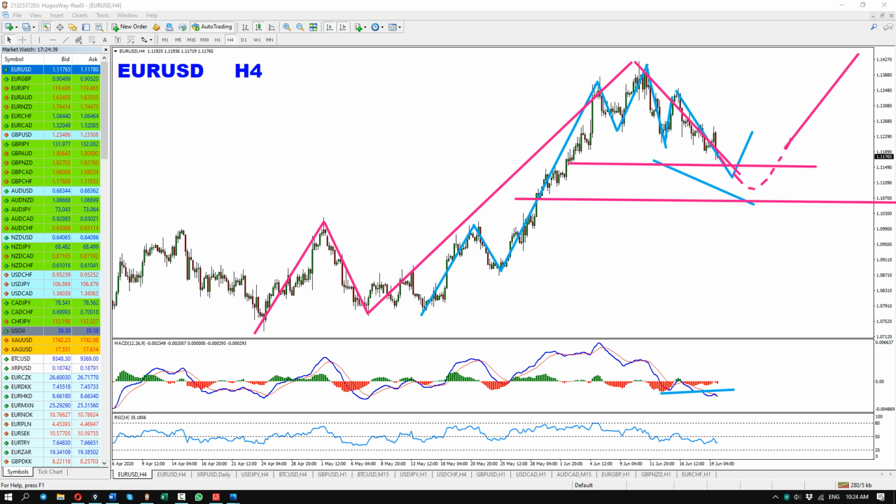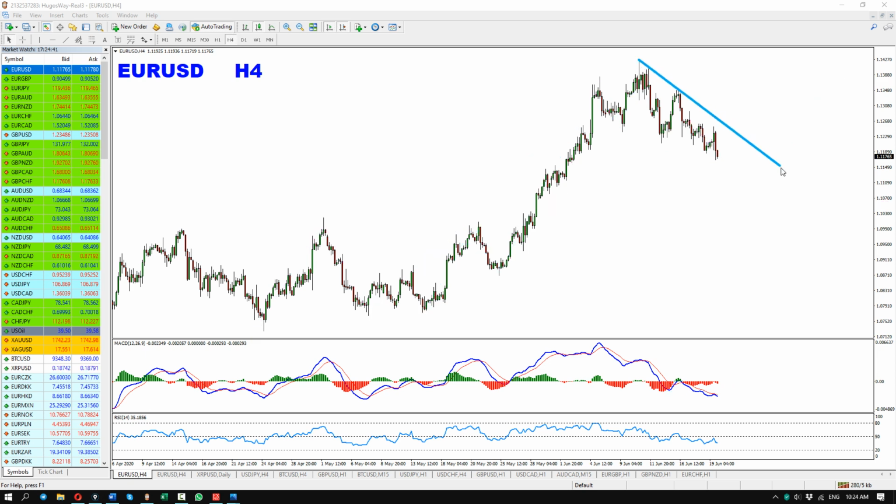So the way I would like to follow this pair is, first of all, again, if it is correct analysis, then I would like to see this divergence coming into play, the trend line being broken, but mainly to see a bullish return. Divergence is a very strong sign, levels are a very strong sign, but at the end of the day, in order for the market to complete the continuation and not just a pullback, we will need to see the price creating higher highs and higher lows.